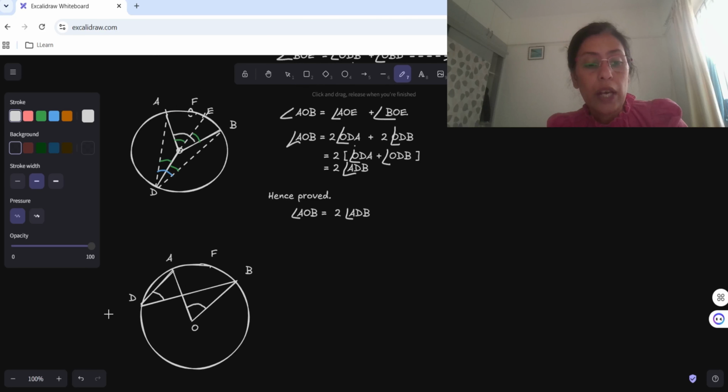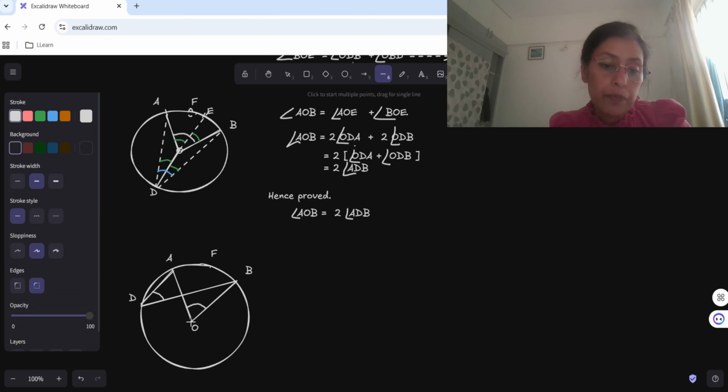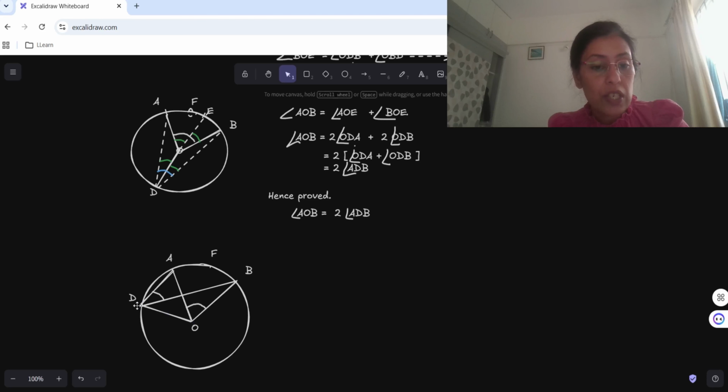So ADB is the angle subtended by the arc at a point which is outside of this arc. Now in the first case, what we had done was we had joined O to D. So here also I will join O to D. OD is the radius, right? Because D is a point on the circle. So any point on the circle, when I join it with the center, forms the radius.